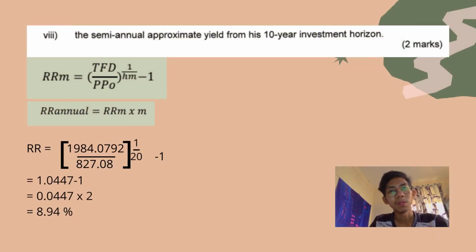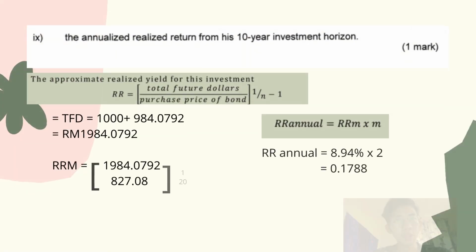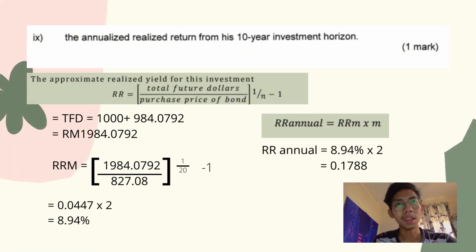The answer from this calculation is 0.0447, and we have to multiply with 2 because the question is semi-annual. So the answer is 8.94%.